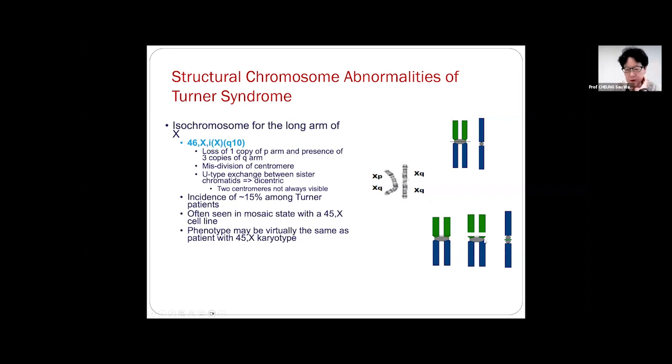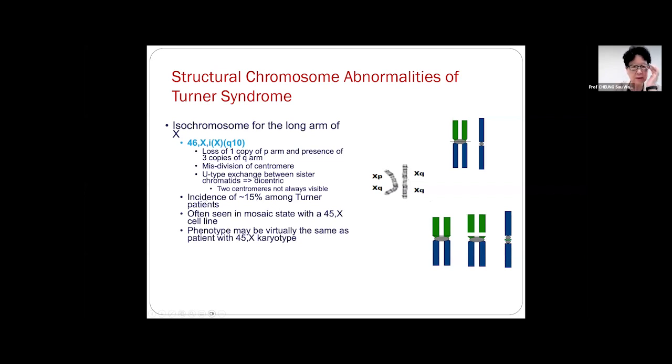Or you could have, it depends on the break point. The break point in the centromere, then you have 1 centromere. But most of the time, the break point is on a short arm. So then you will have a dicentric iso XQ.